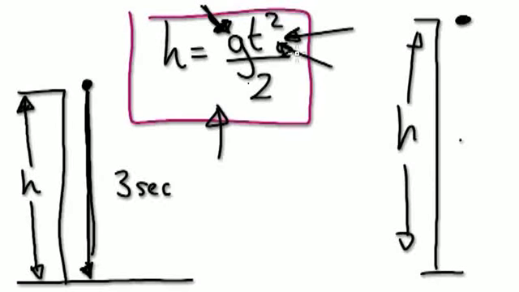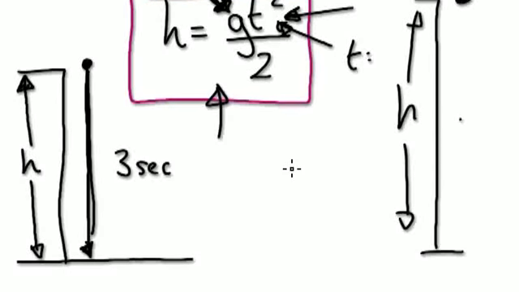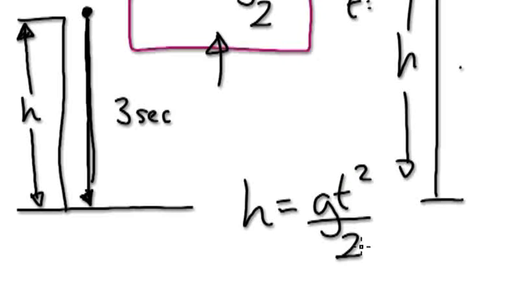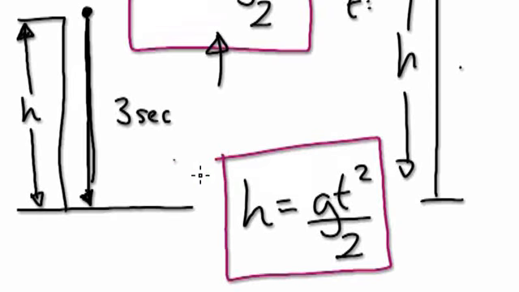So you can rearrange it to find out the time, to see how long it would take for the cannonball to hit the ground. So our original formula is H equals gt squared over 2. This is a formula that some physicist worked out. So we don't understand how he worked it out.